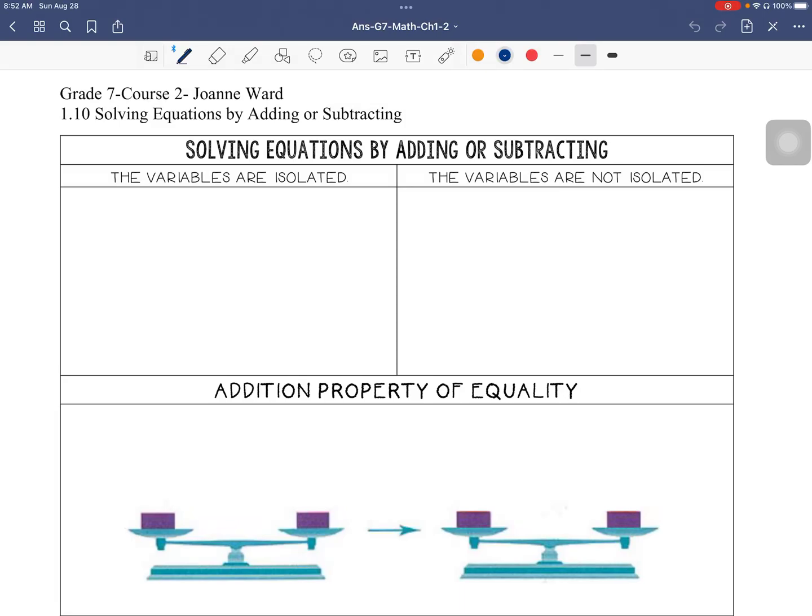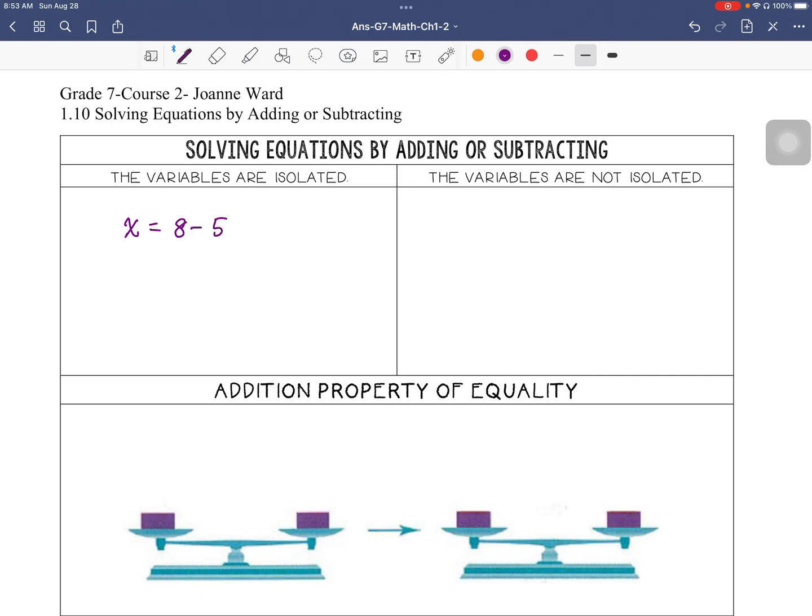So 1.10, we want to talk about solving equations by adding or subtracting. On the left side, the variables are isolated. So here, x equals a minus 5.